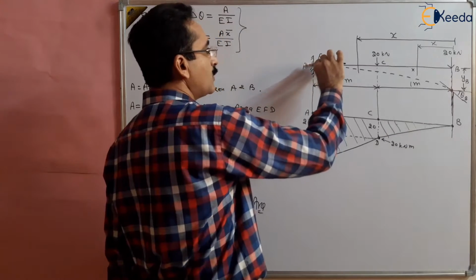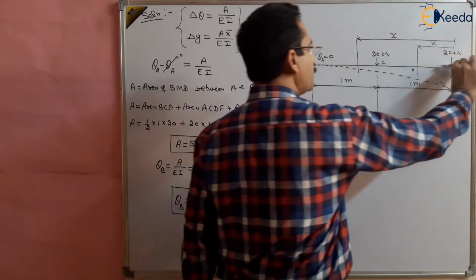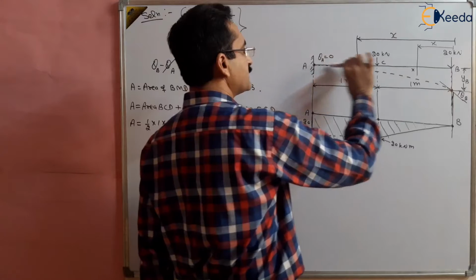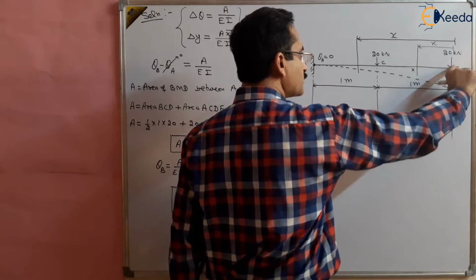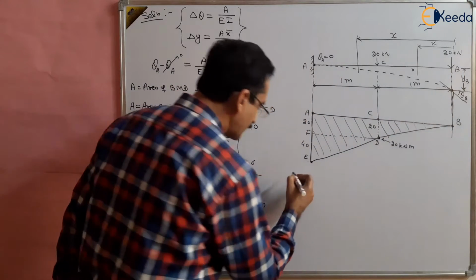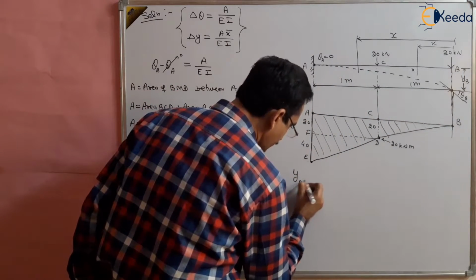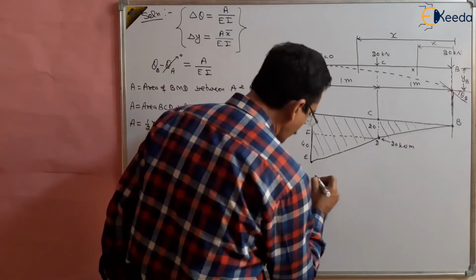So the slope of A will pass through point B. One reference is YA, another is point B, and the difference of these two points will give YB.